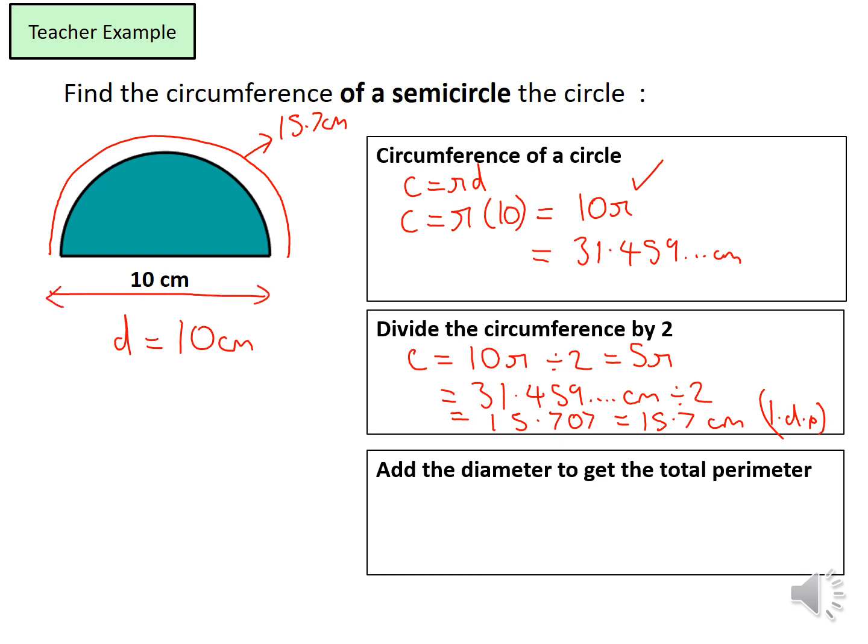So all you have to do is add them up. 15.7 centimeters, which is the circumference of the semicircle, added to the diameter of 10 centimeters, will give you an answer of 25.7 centimeters.